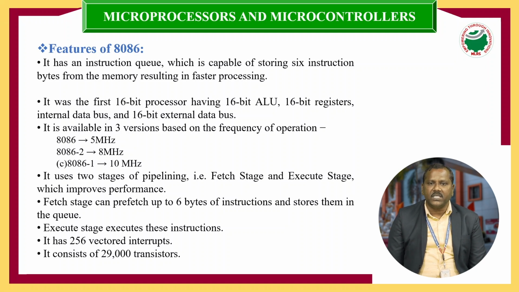The 3 frequency ranges available in 8086 are 5 MHz, 8 MHz and 10 megahertz. Next, operating voltage: 5 volts are required. Memory size is 1 MB and instruction queue size is 6 bytes. These are the features of 8086.